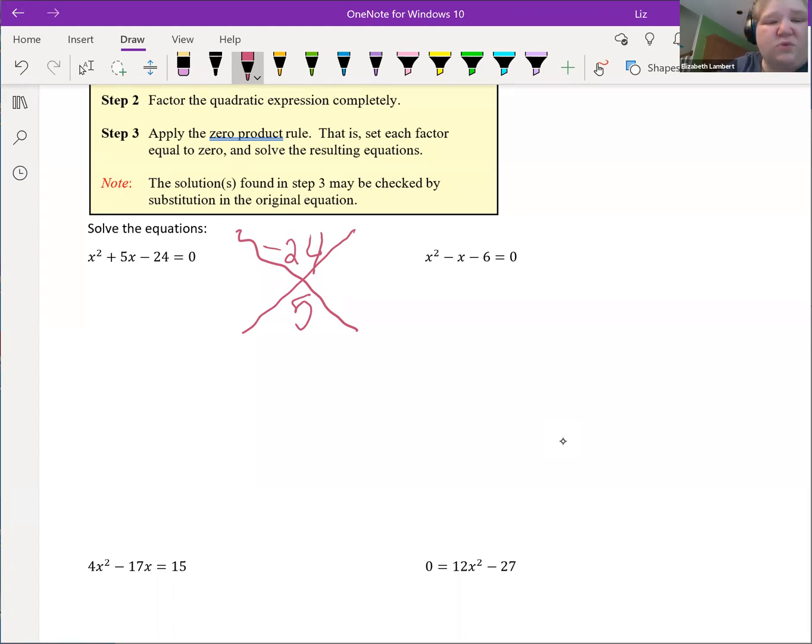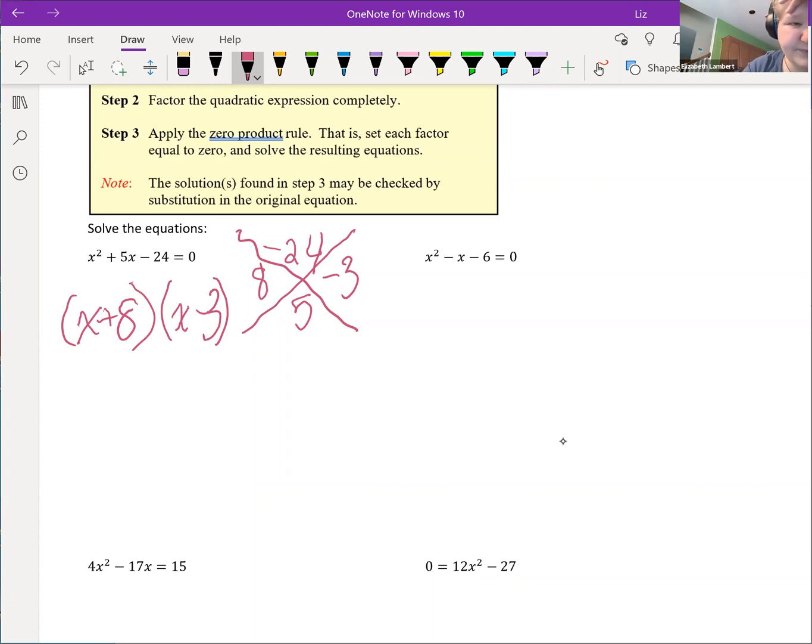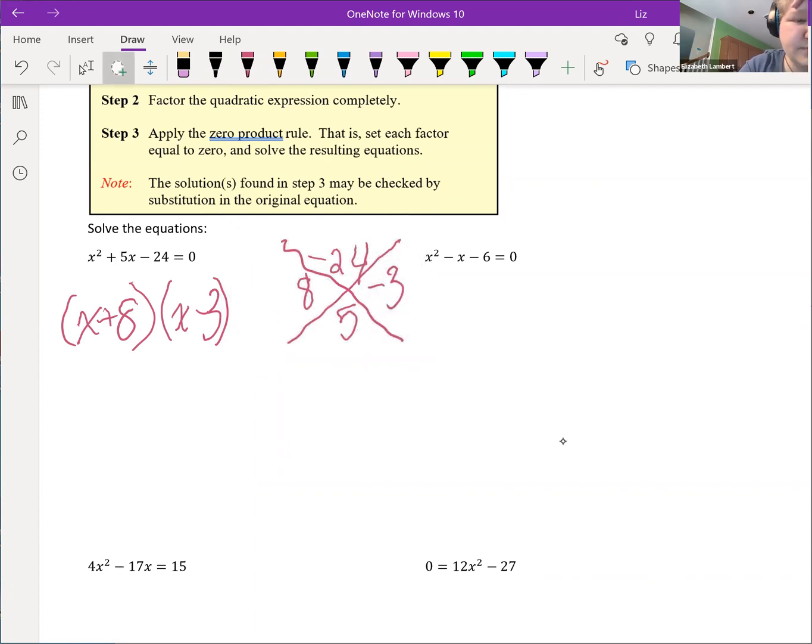Yeah, 3 minus 8 or 8 minus 3. So 8 and negative 3 multiply to negative 24, add to 5. Those are the numbers we're going to see in the factors. So x plus 8, x minus 3, equals 0. Now we set each factor equal to 0 again.